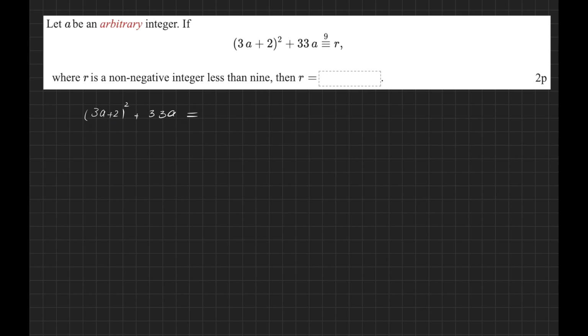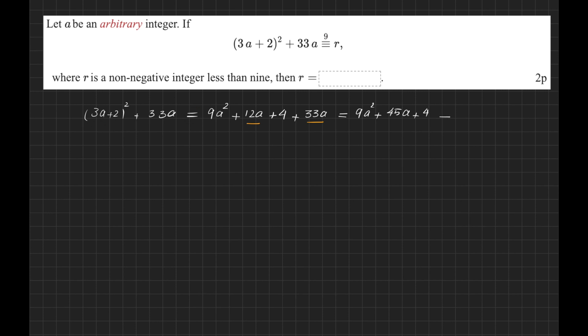So the first one squared is 9a², 2 times the first one times the second one is just 12a, and the second one to the power 2 is 4, and then I have 33a at the end. I know that I can simplify these two. For example, I take 33a and 12a together, so it becomes 9a² + 45a + 4.